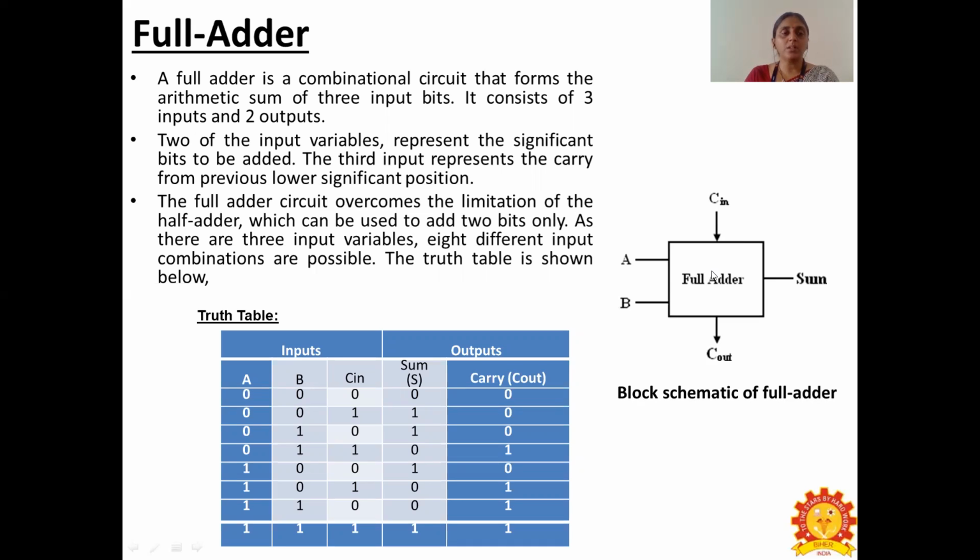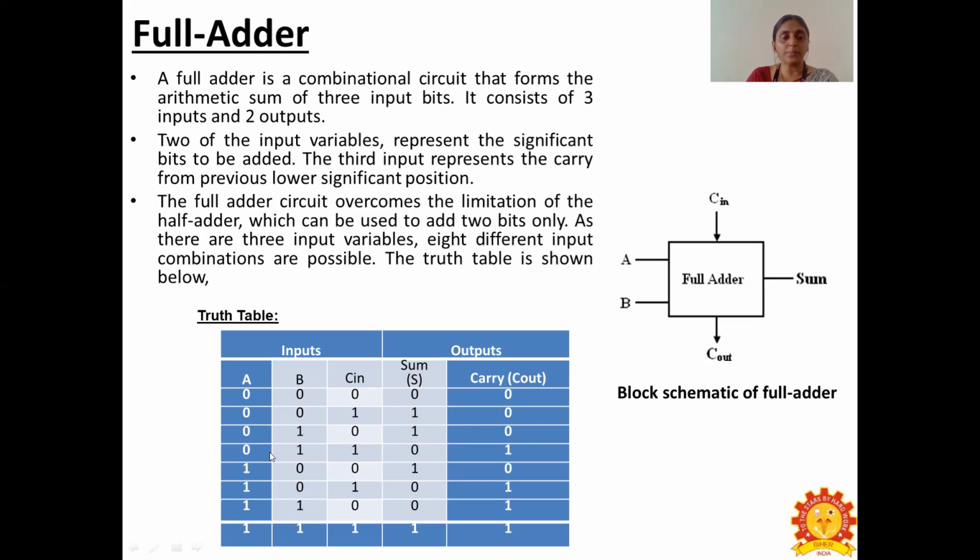The truth table here can clearly explain that there are 3 possible inputs: input A, input B, and the carry Cin, where we have the combinations of 3 bits of zeros and ones as 000, and the second input 001, where we get the carry as 0 and sum as 1, and the third input 010, where you get the sum result as 1 and the carry as 0.